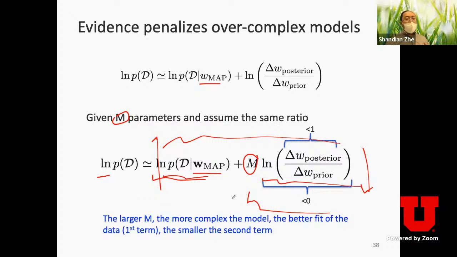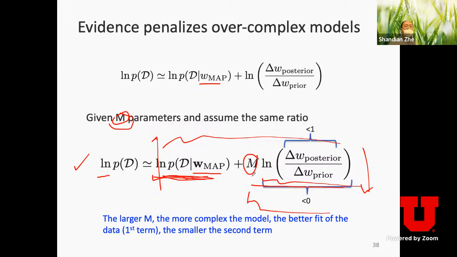And then, if you maximize the log model evidence with respect to the number of model parameters, we are actually finding the best trade-off between data fitting, which is the first term, and model complexity, which is embodied in the second term. That's an amazing property when you bring the posterior distribution, the Bayesian framework, into the calculation of model evidence.